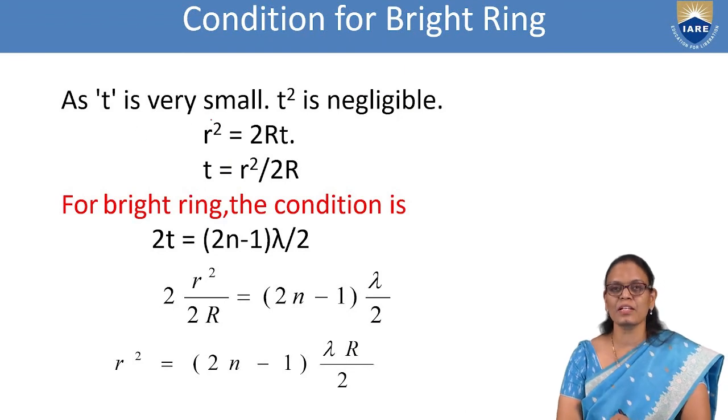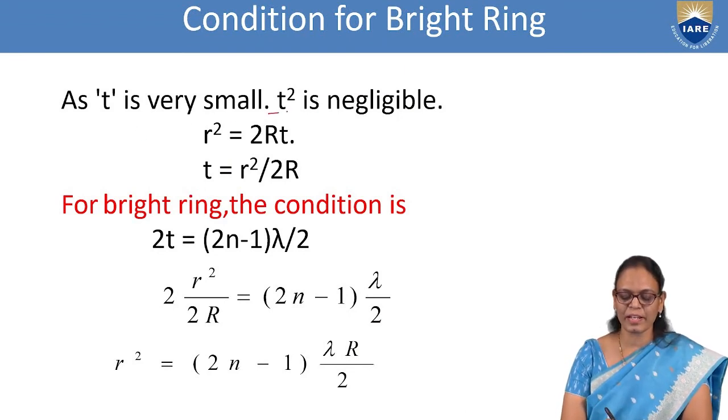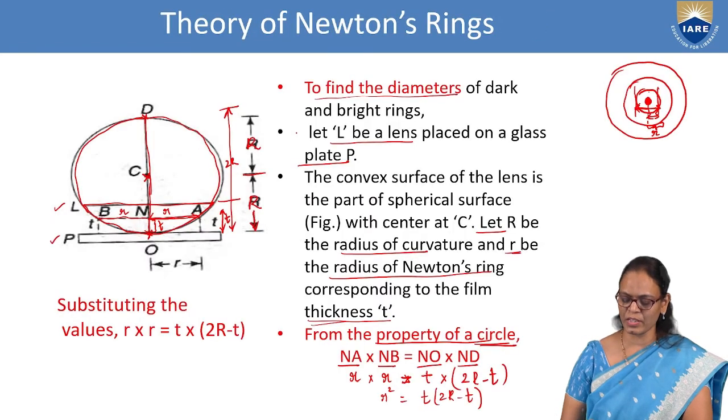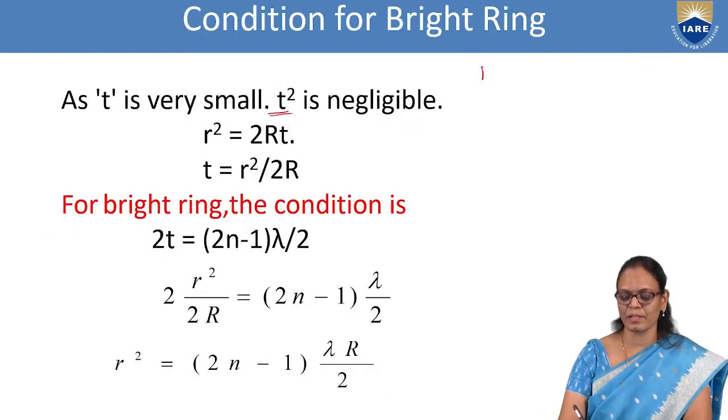Now as T is very small, T square is negligible. So let us expand it. r square is equal to 2R into T minus T square.